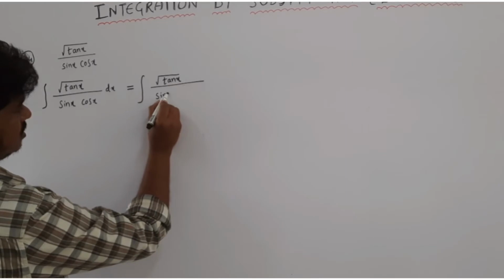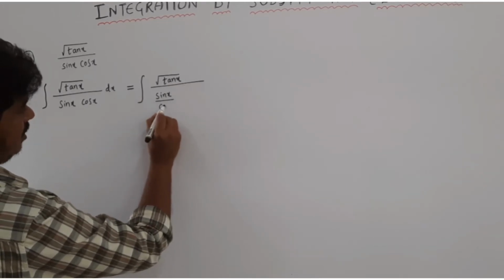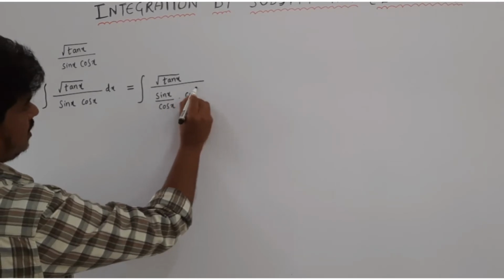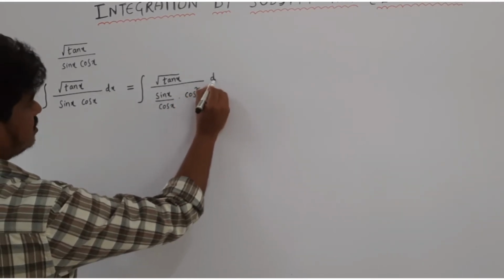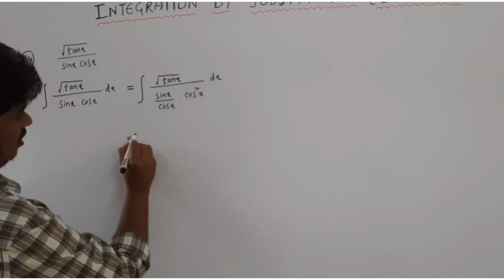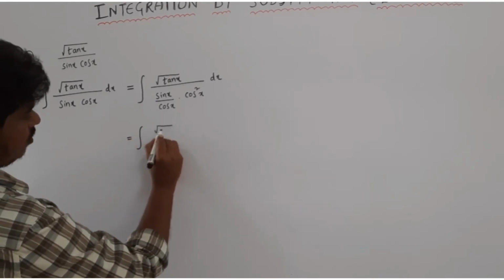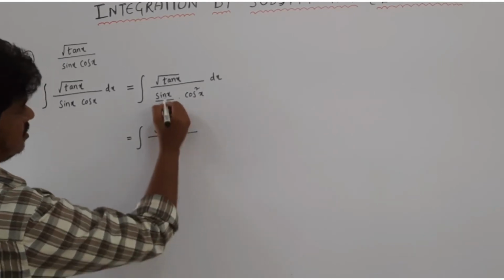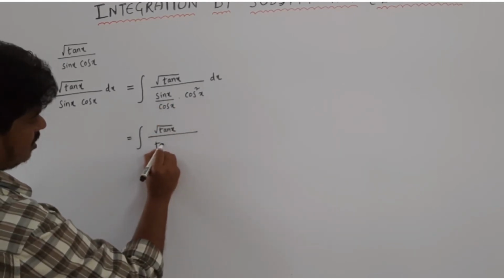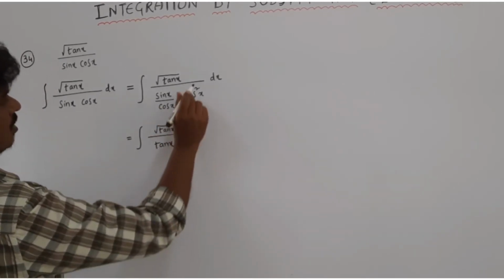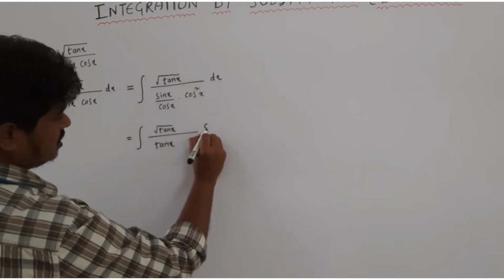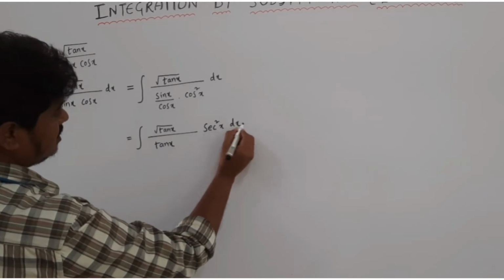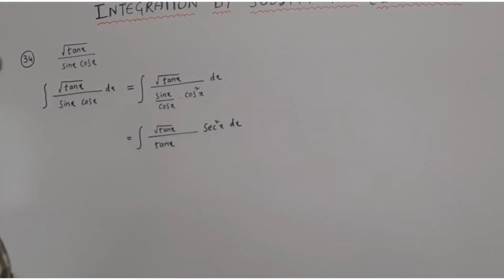So sin x divided by cos x into cos square x dx. Now this is equal to the integral of root tan x divided by sin x by cos x, which means tan x, and 1 by cos square x means secant square x dx. I am taking here secant square x dx. Put tan x equals t.